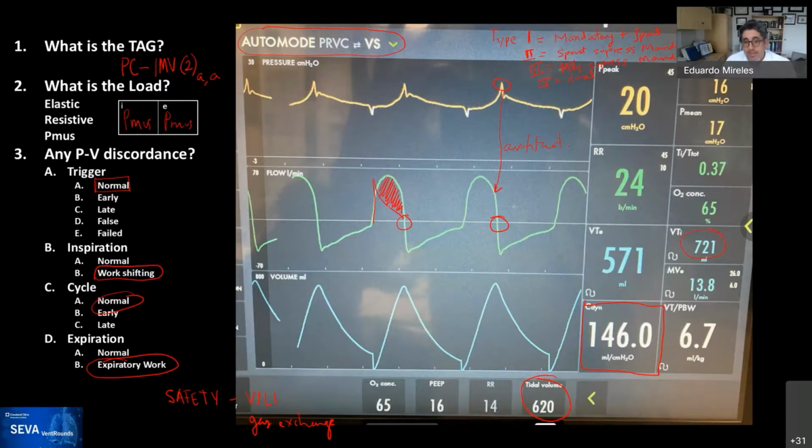But the patient is doing all the effort right now. So we could argue that essentially he's on mechanical ventilation with no support, and there could be diaphragm injury or otherwise. Besides, he's on a very high PEEP, and all the effort is being generated by him.